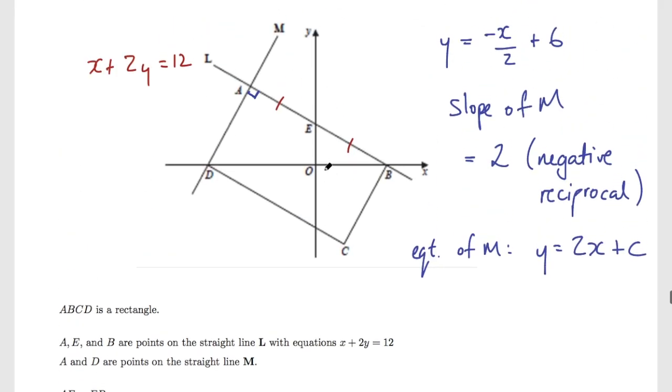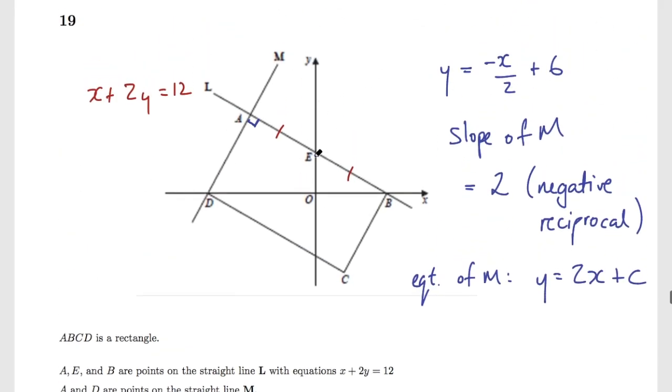Now, we can find E, because if E is the y-intercept of L, if x equals 2, y equals 6. So the y-intercept here must be (0, 6).